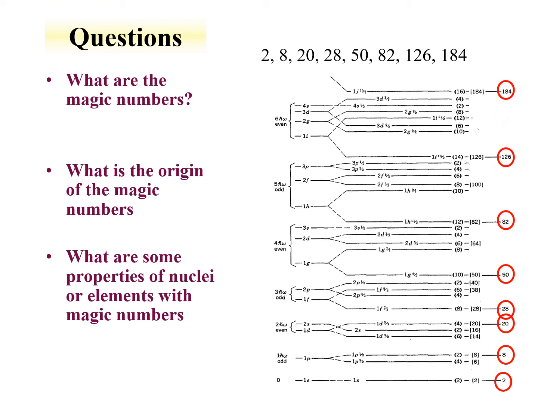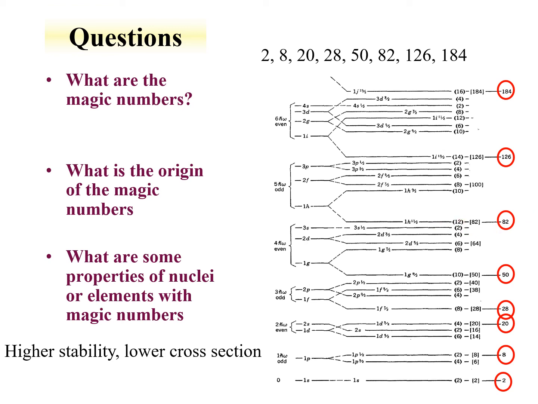What are some properties of nuclei or elements with these magic numbers? Well, you tend to get higher stability. For instance, for elements that have a number of protons equal to the magic numbers, you'll see that there are more stable nuclei or stable isotopes of that element. Tin, Z of 50, is a great example of that. Lead, 82, also has that number.